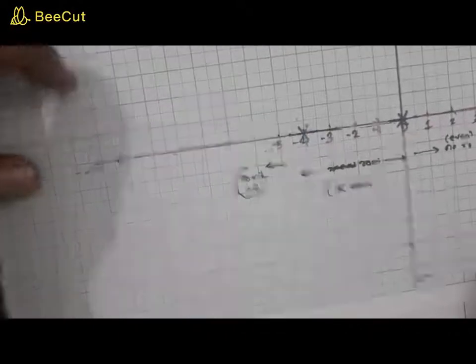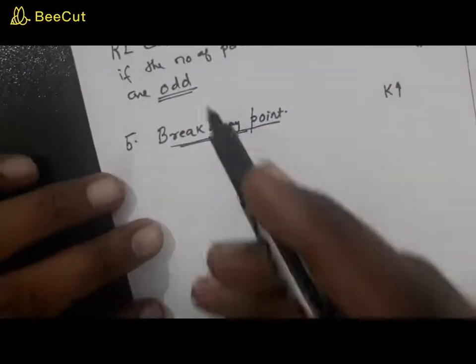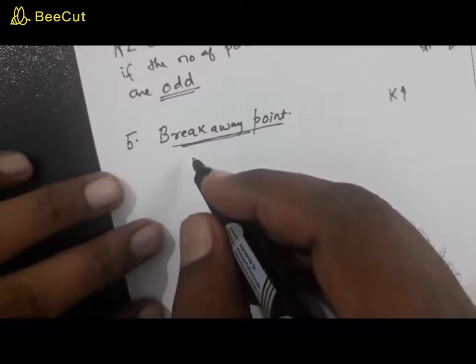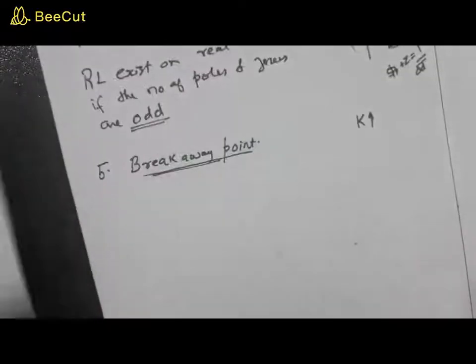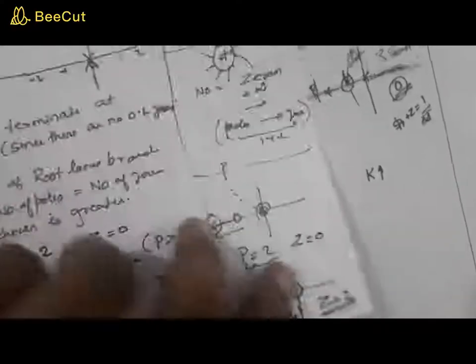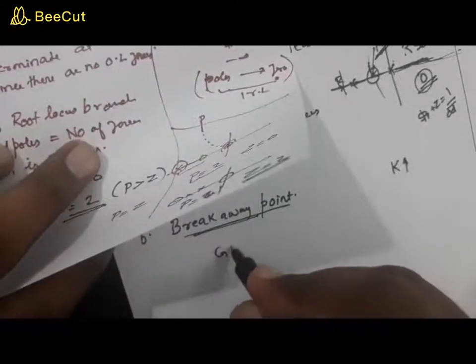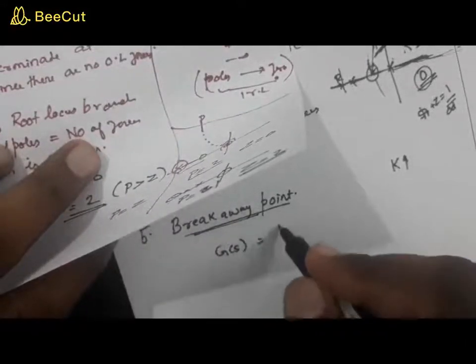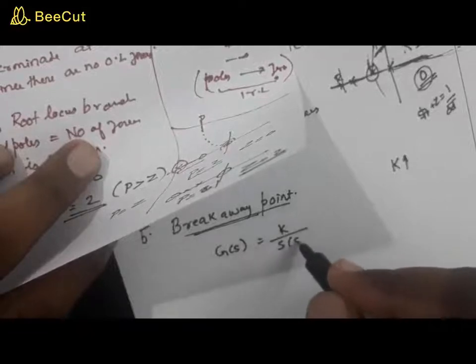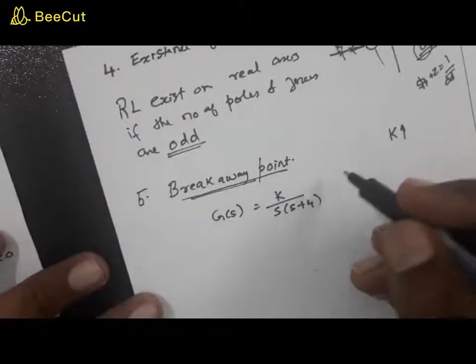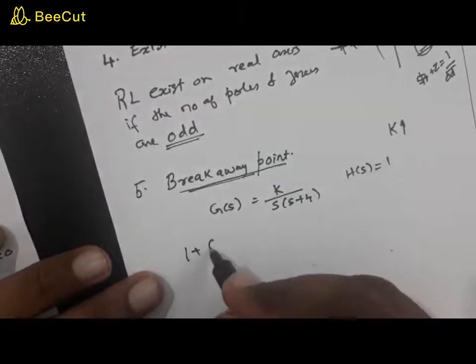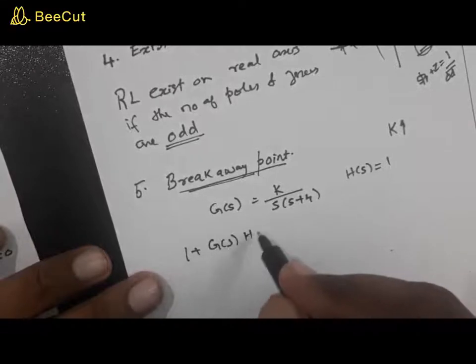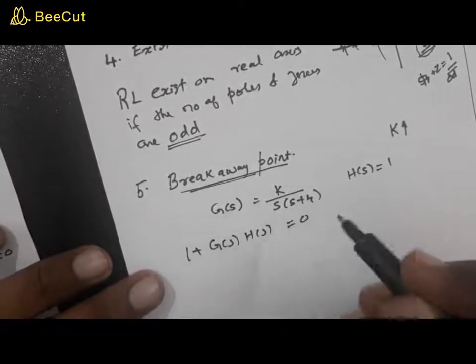So how will you evaluate that? For that, you can obtain the characteristic equation of this transfer function. Now what is the transfer function? The open loop transfer function is k by s into s plus 4. And what is the characteristic equation? It's a unity feedback system, so H(s) equals 1, so 1 plus G(s)H(s) equals 0 is the characteristic equation.